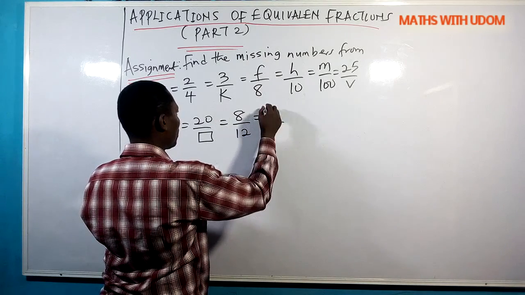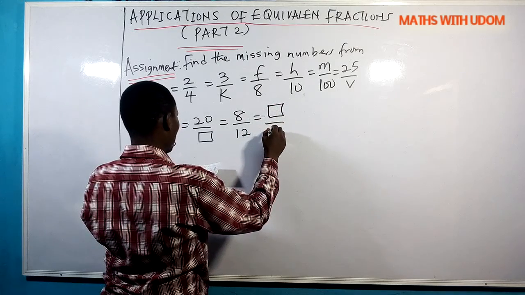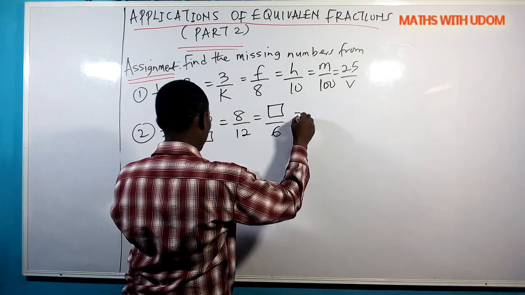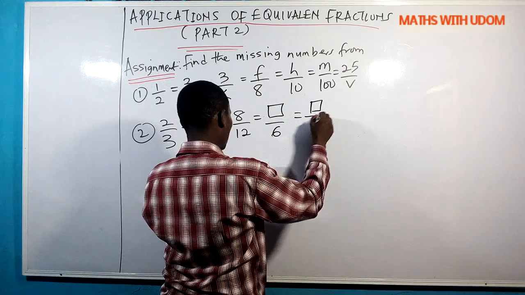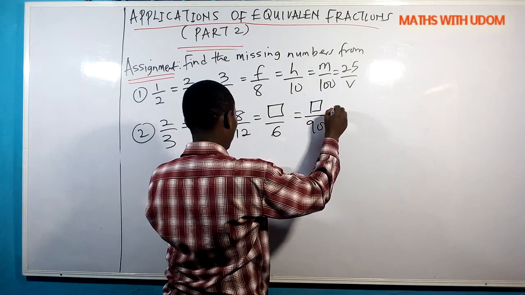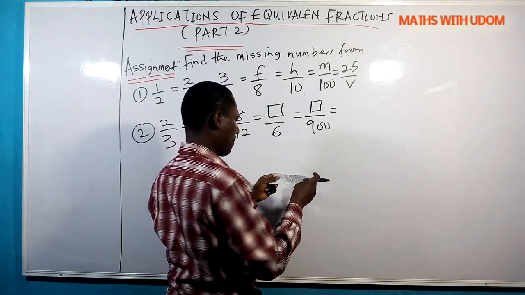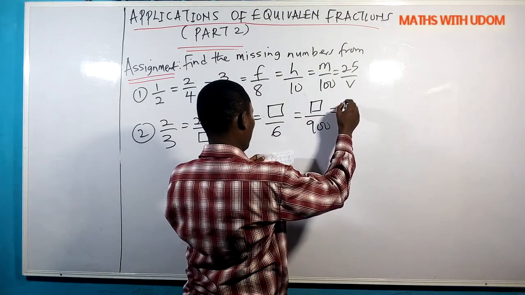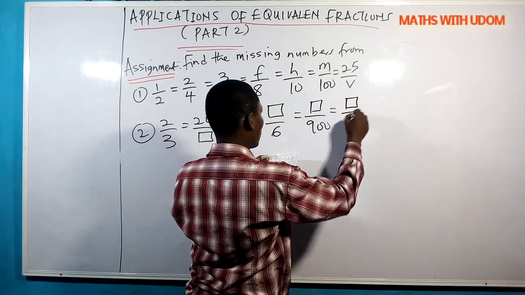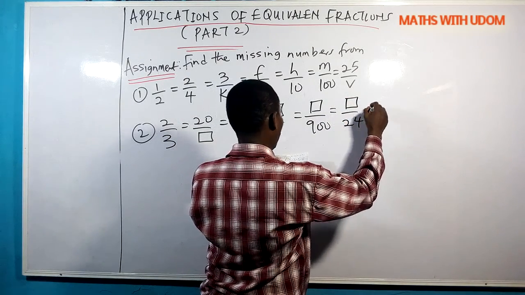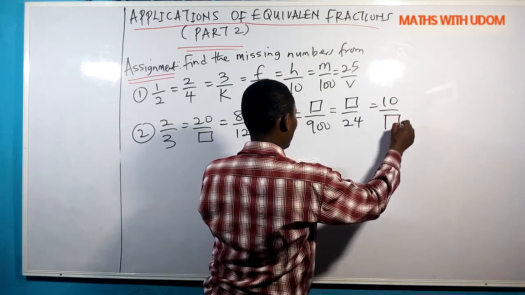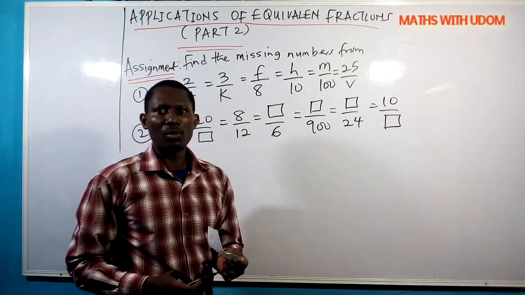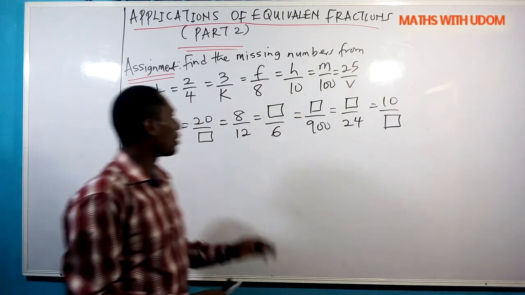Let me put box here. Box over 6, box over 900, box over 24, and then 10 over box. So these are your assignments.